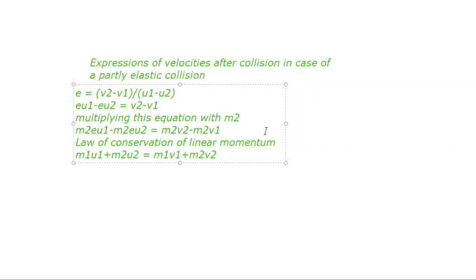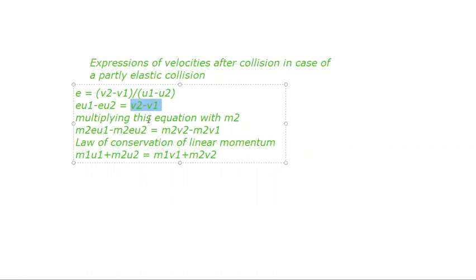Now see this equation, v2 minus v1, and here you have M1 v1 plus M2 v2. You need to find either v1 or v2, so if you multiply this with either M1 or M2, you can get any one.